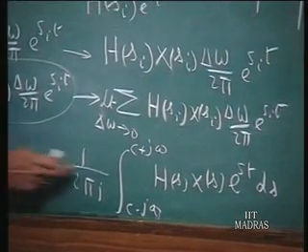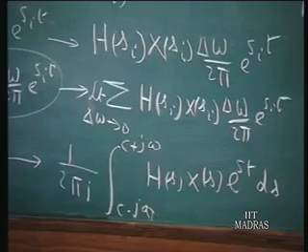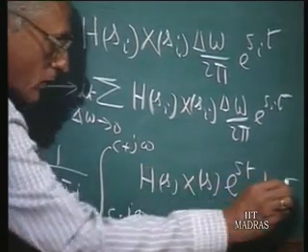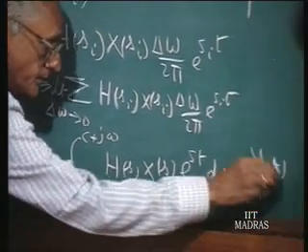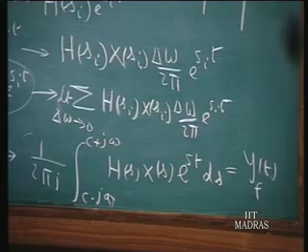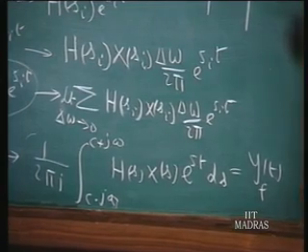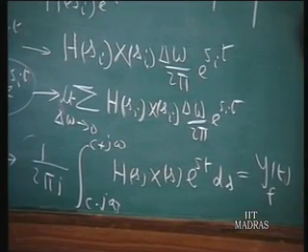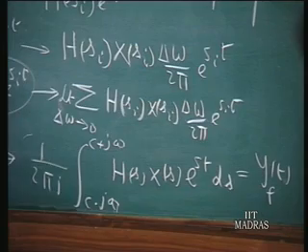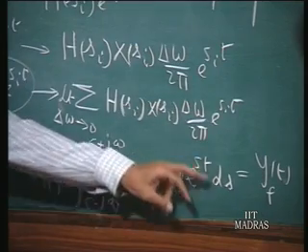From this we observe that if you take this entire quantity and call it y_f(t), this y_f(t) is 1 over 2 pi j, c minus j infinity to c plus j infinity, of H(s) X(s) e to the power of st ds.